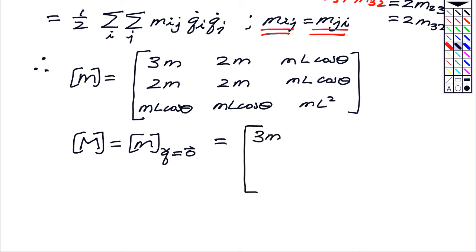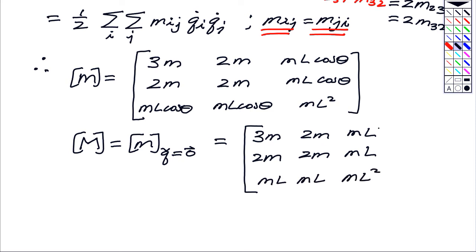So 3m, 2m, ml, 2m, 2m, ml, ml, ml, ml squared. And just by our observation, we force this to be a symmetric matrix M.